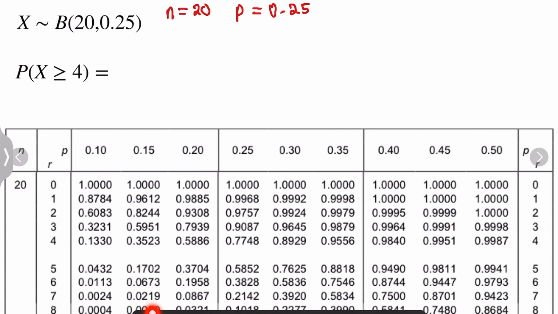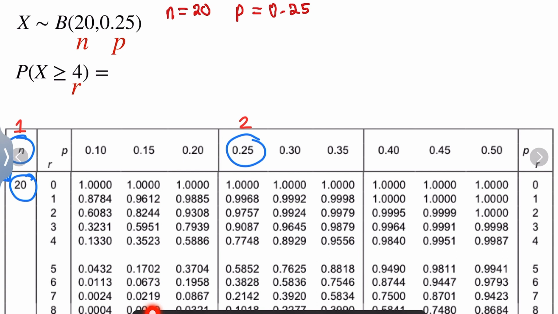So it fulfills our condition to find the value using the distribution table. Now look at our n. N20 P0.25. Did you find it? So kena cari benda ni serentak on the same time.